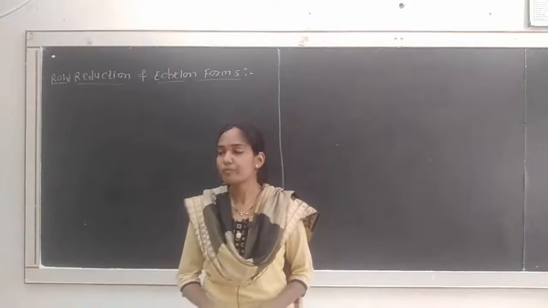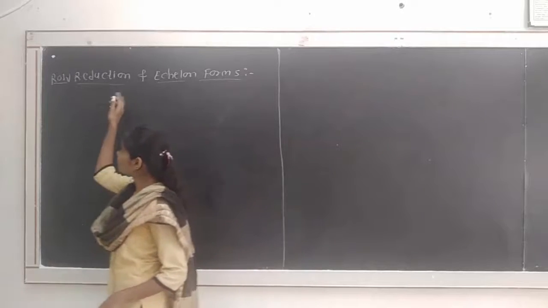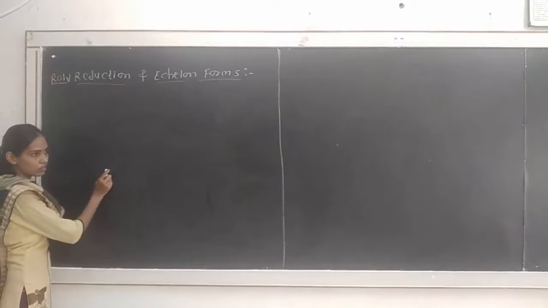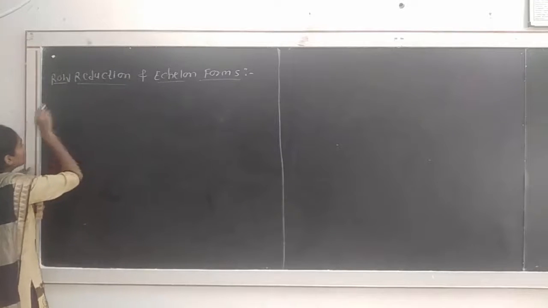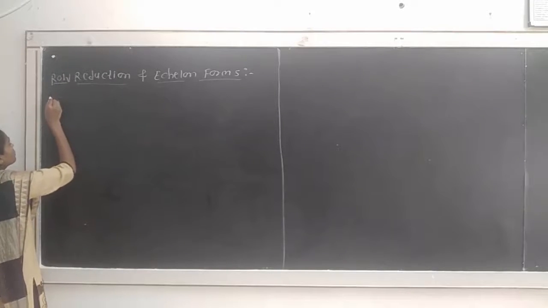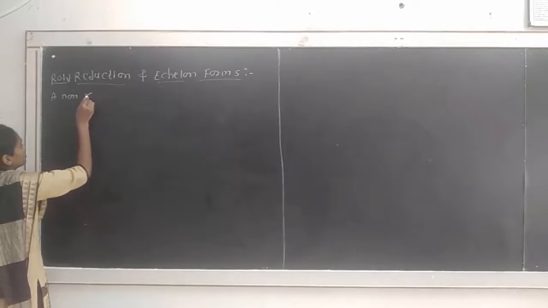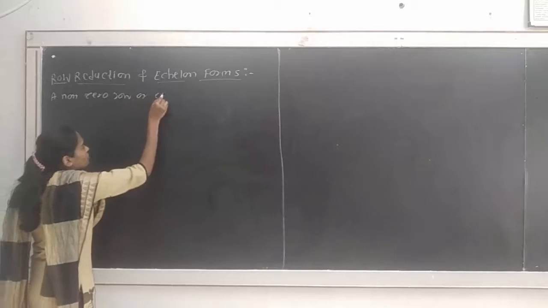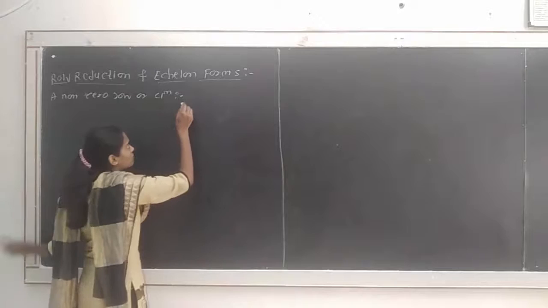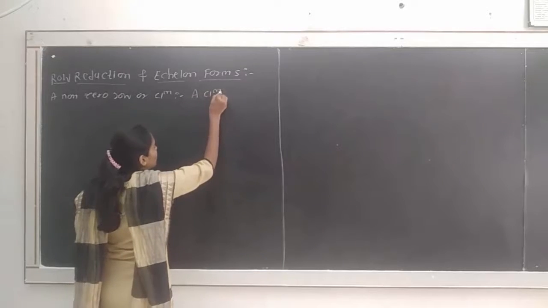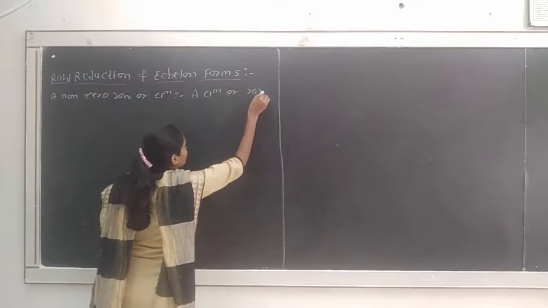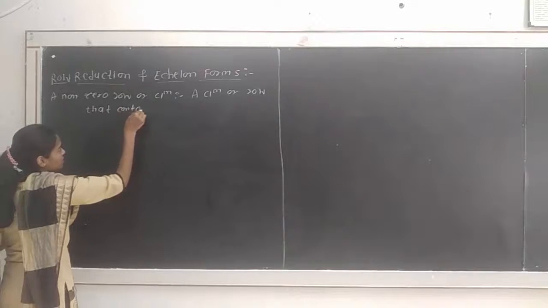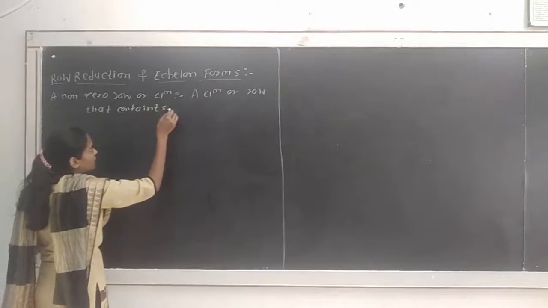Okay, so before studying row reduction and echelon form, we see some concepts or definitions. The first definition is the non-zero row or column. A non-zero row or a column means a column or a row that contains at least one non-zero entry.